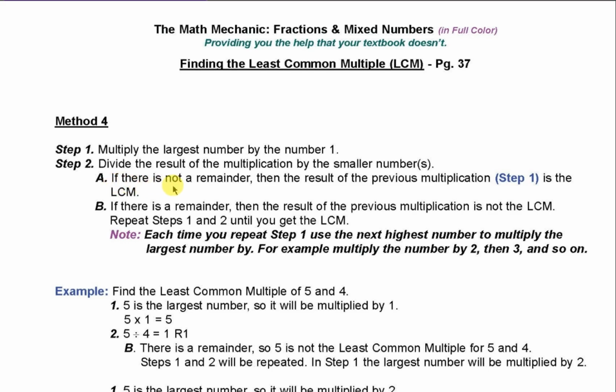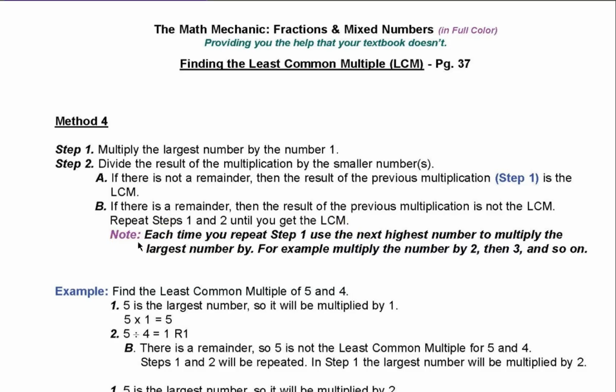If there is not a remainder, then the result of the previous multiplication is the least common multiple. Step 2B. If there is a remainder, then the result of the previous multiplication is not the LCM, or least common multiple. Repeat steps 1 and 2 until you get the least common multiple.